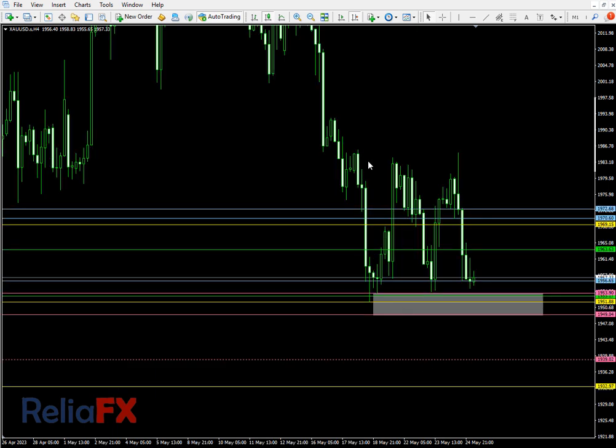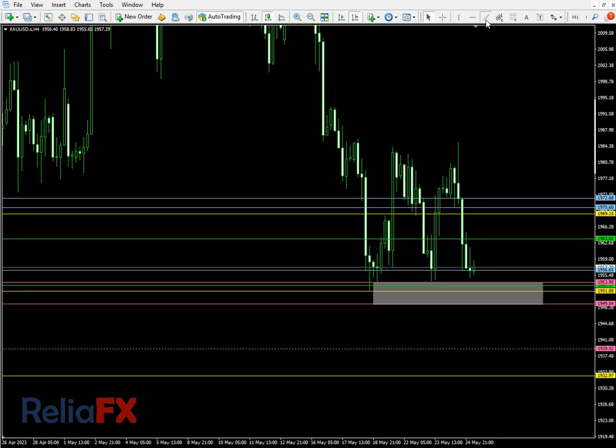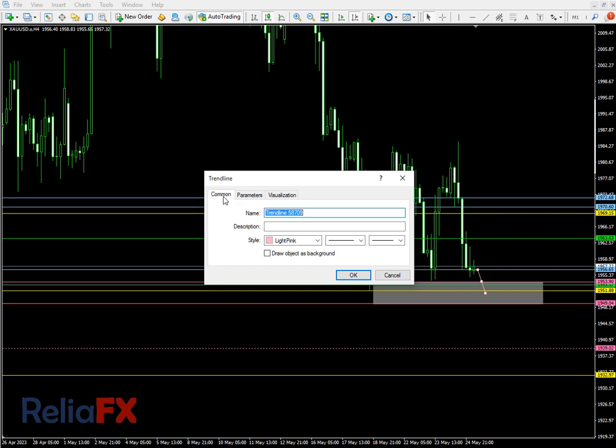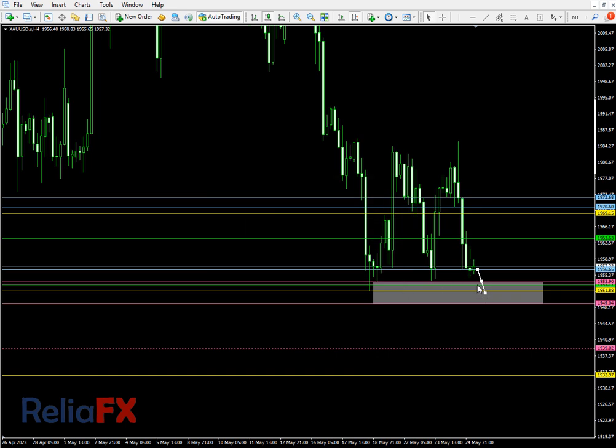So I look at this, and first thing I expect price to do is to come to this area, and we'll make a decision on, let me change this to white so it can be easier to see. I expect a move into this range first and foremost, to see what price wants to do.